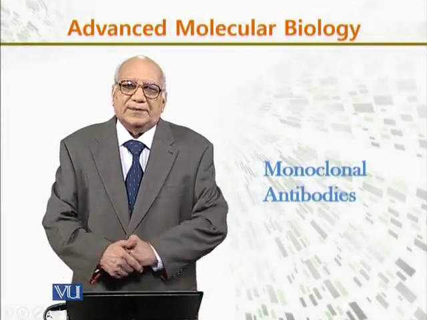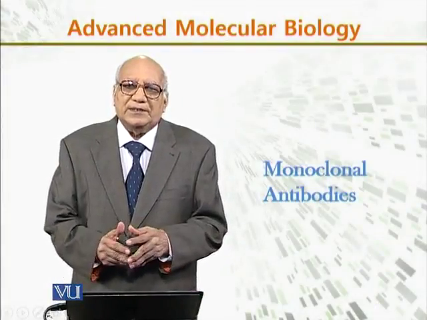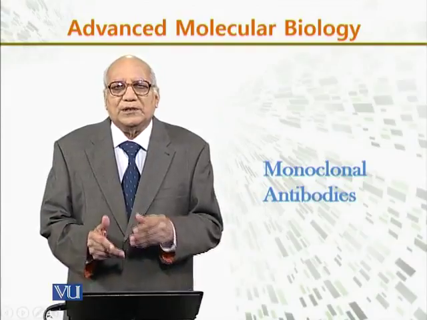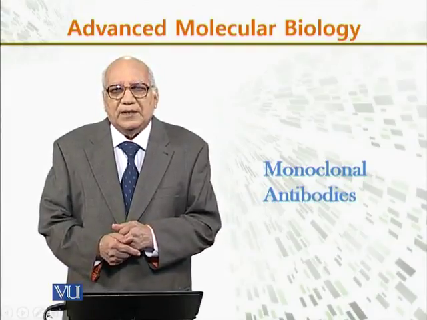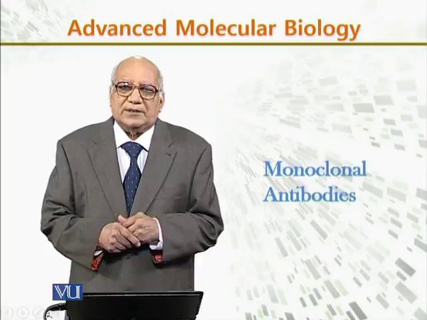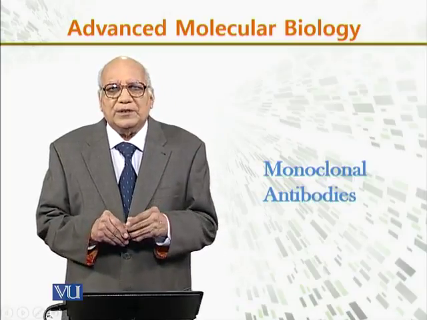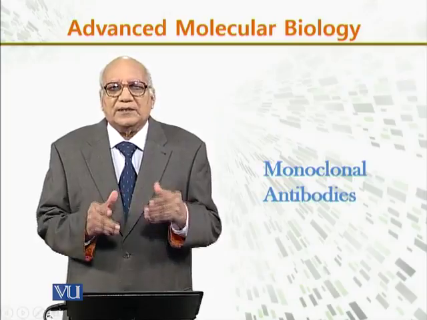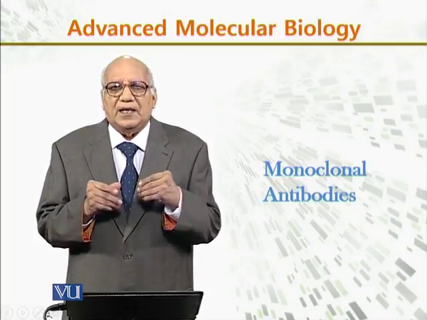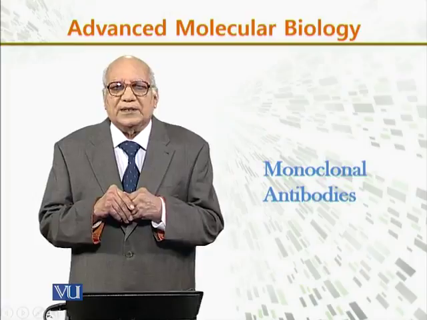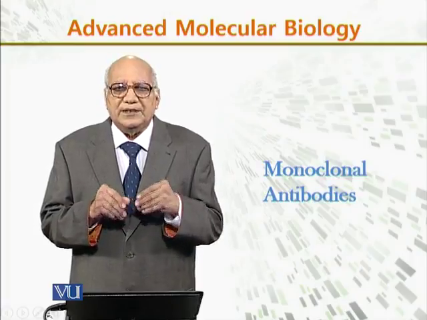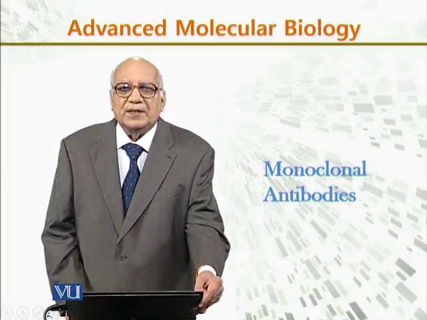Now, furthering the discussion regarding the monoclonal antibodies, in this module we will discuss how monoclonal antibodies can be produced, how they are used, and which animals we choose for the production of these antibodies.